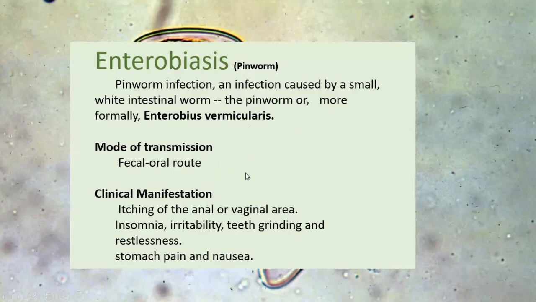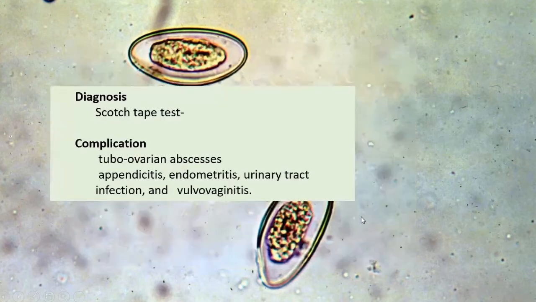The signs and symptoms of this disease are itching of the anal or vaginal area where the parasite invades, then insomnia, irritability, teeth grinding, and restlessness. Also, manifestations of stomach pain and nausea.